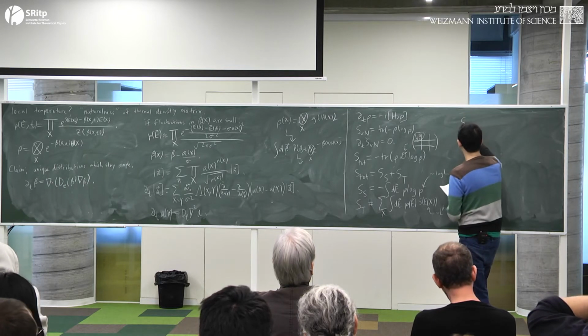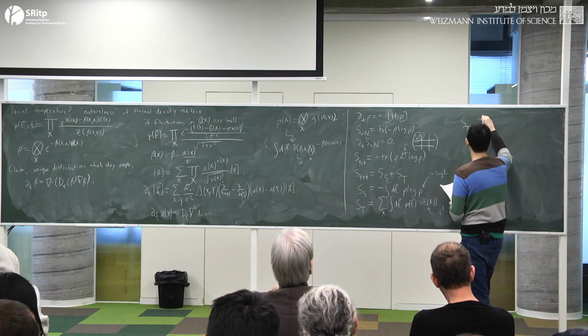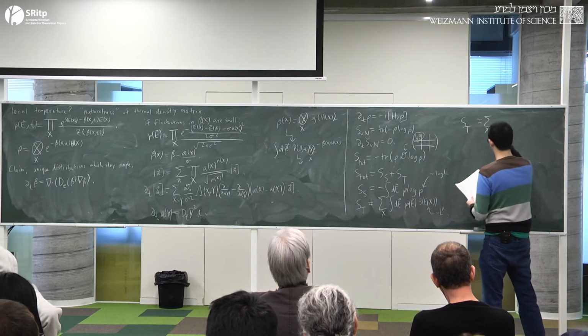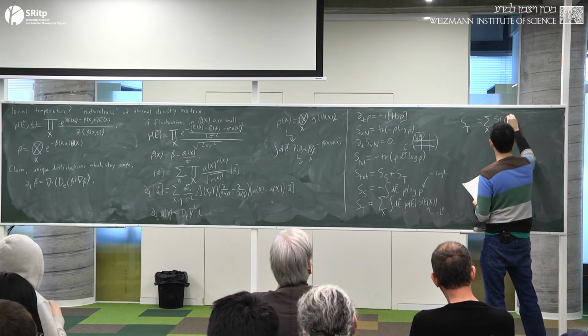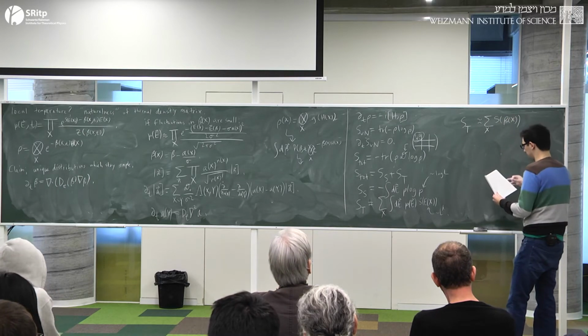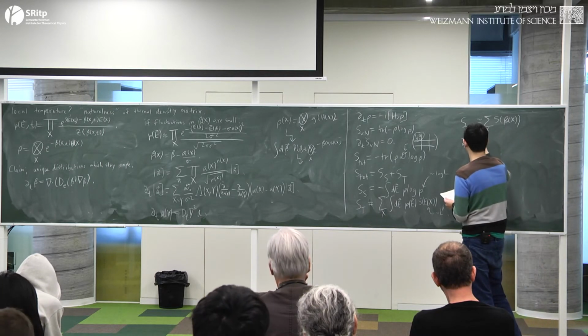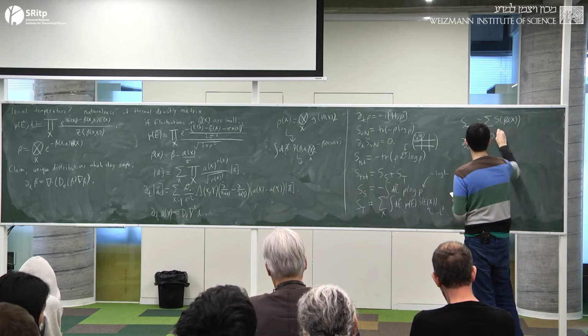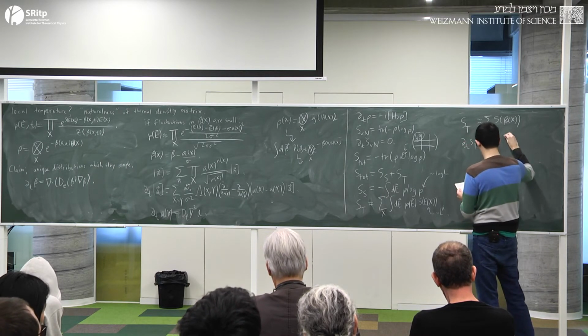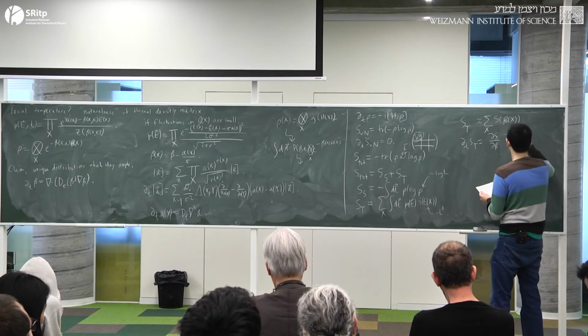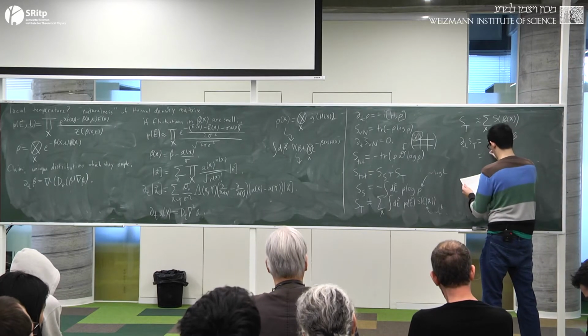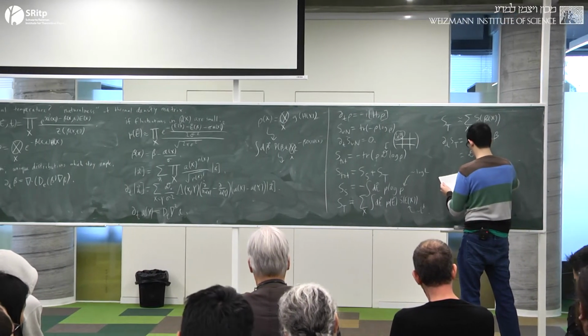So this S of t, we can approximate in this limit as a sum over all regions of S of beta of x. The rate of change of the entropy is given by dS d beta times partial t beta.